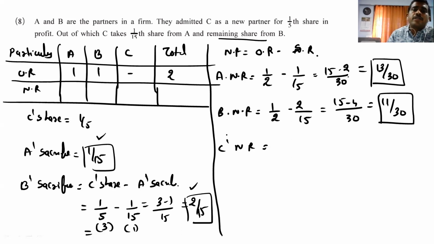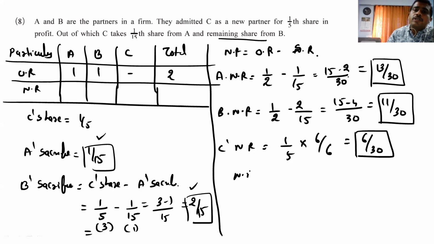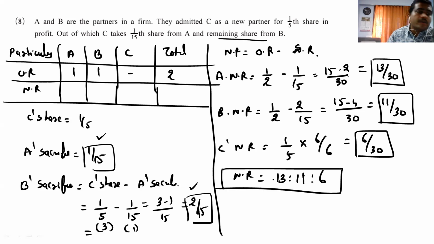Right? And the third comes the C's new ratio. So C share is already 1 by 5. So 1 by 5 into 6 by 6, 6 by 30. So the new ratio comes to us 13 is to 11 is to 6.